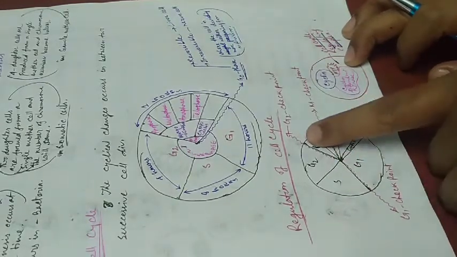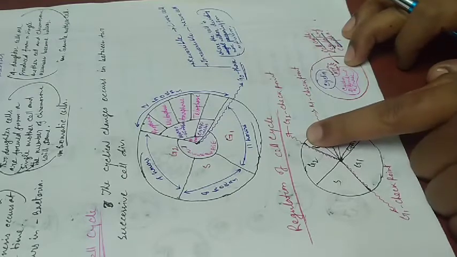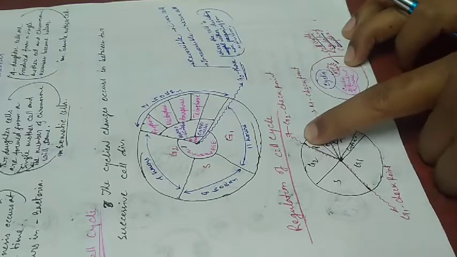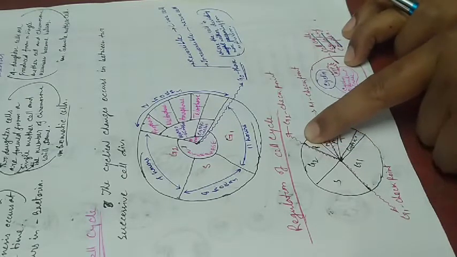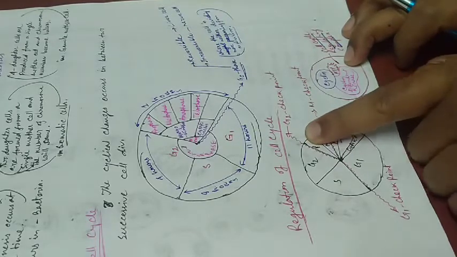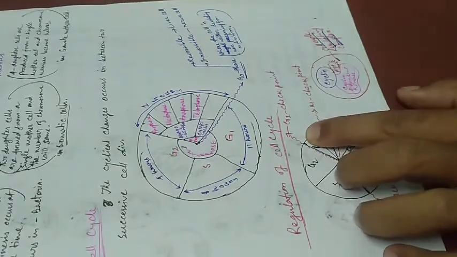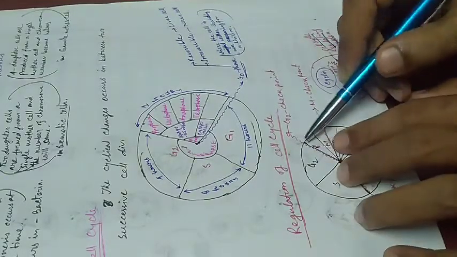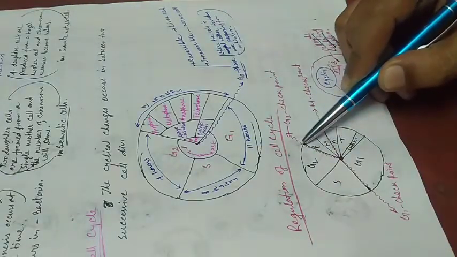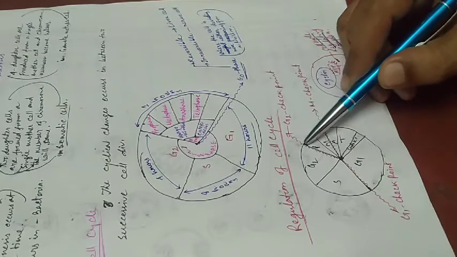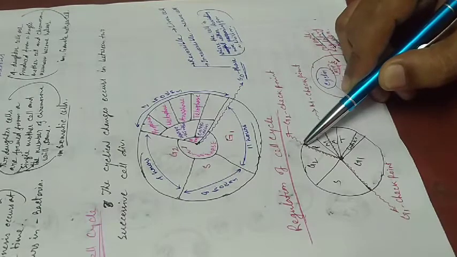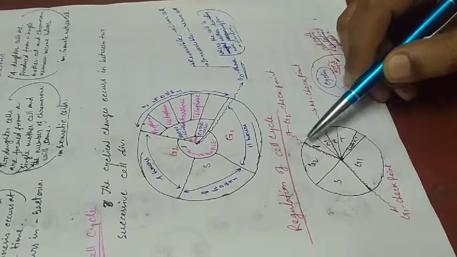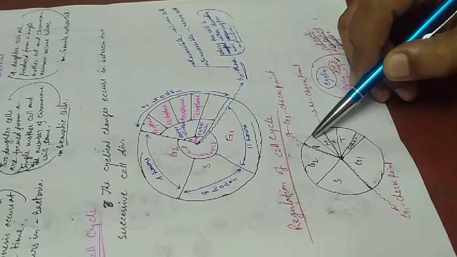Then the G2 cyclins are accumulated at the G2 checkpoint. When the G2 cyclins are accumulated, the CDK enzyme and ATP also get attached at that point. For that reason, the cell stops entering the mitotic phase.